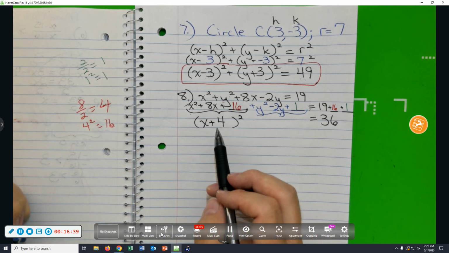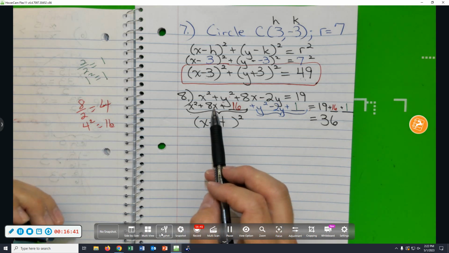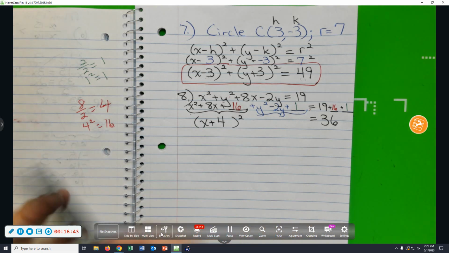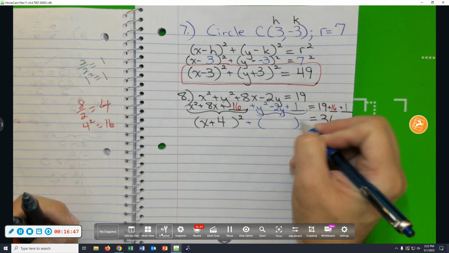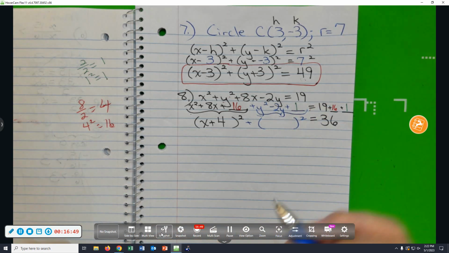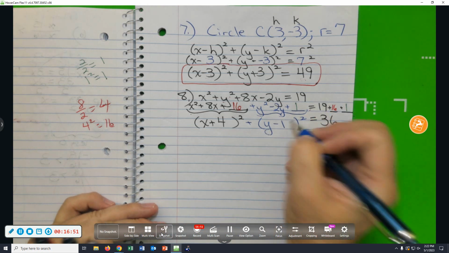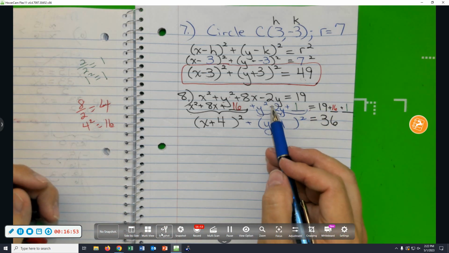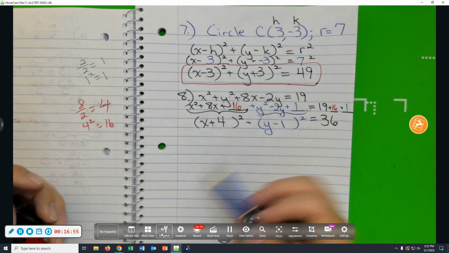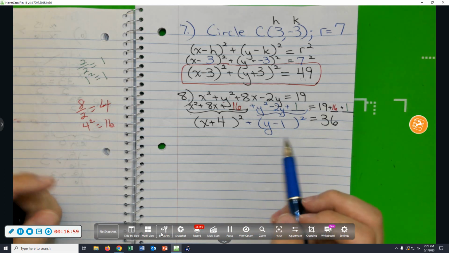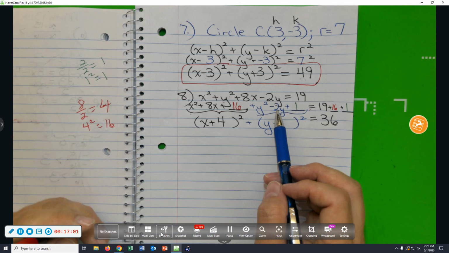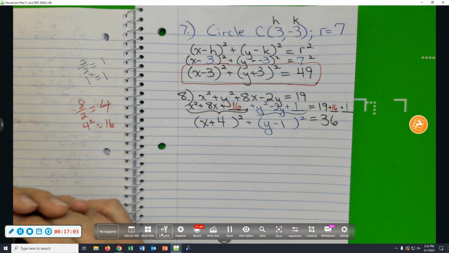If you FOILed that out, you'd get back x squared plus 8x plus 16. Now the y's. I agree, y minus 1. Remember, it's the variable, the sign, half of that number. If you took y minus 1 times y minus 1 and FOILed it out, you'd get back y squared minus 2y plus 1.